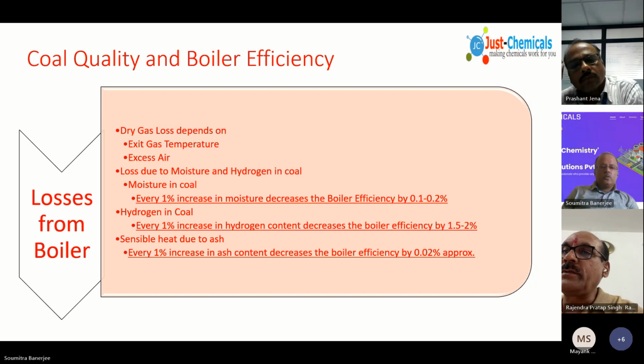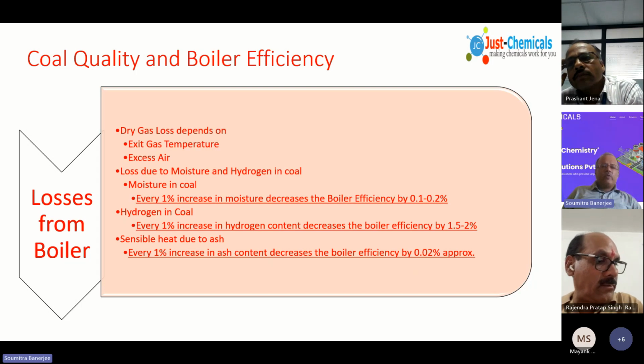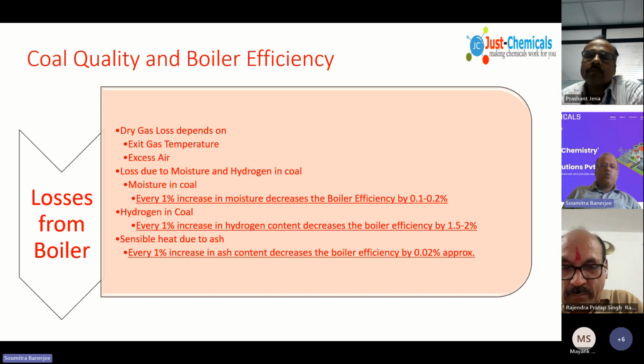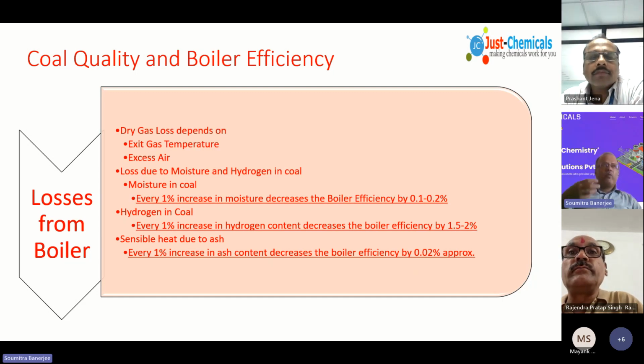Actually, everything takes baseline data, which is known as footprint data. Three years, four years, whatever coal you have run, that becomes a footprint for you. And from there, you and your management compare your efficiency, coal combustion, and coal consumption as well.